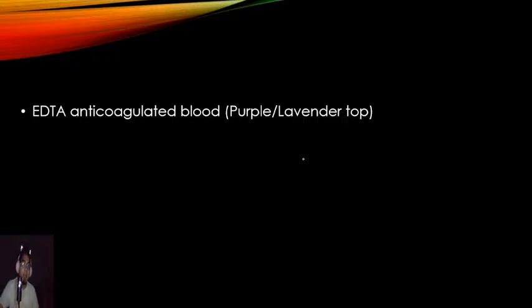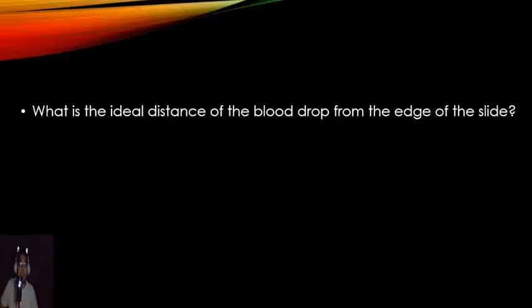So it would be best if you smeared directly from your tubes. If you're looking for malaria or parasites, that's good. But for the purpose of morphological studies, the ideal sample is anticoagulated blood from an EDTA sample. Okay? Cool beans.